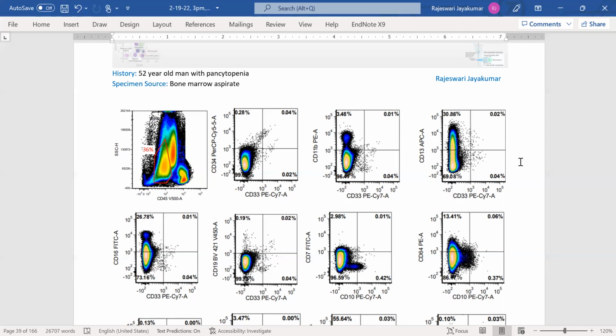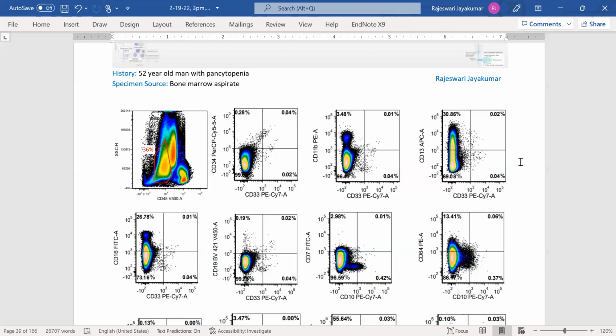So it is helpful to get the phenotype, and it can give you information on the prognostic markers. It can help you with therapy because there are a lot of antibodies that can be used for treatment, and it can tell you which treatment would be effective based on the antigen expression. So that's what you're supposed to use flow cytometry for.